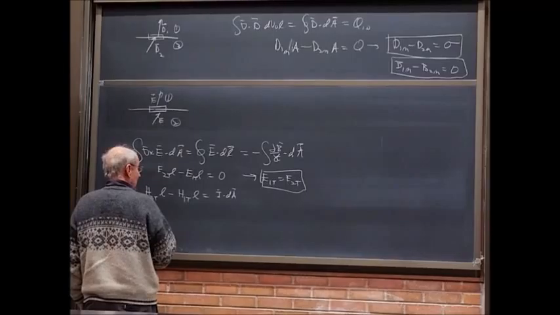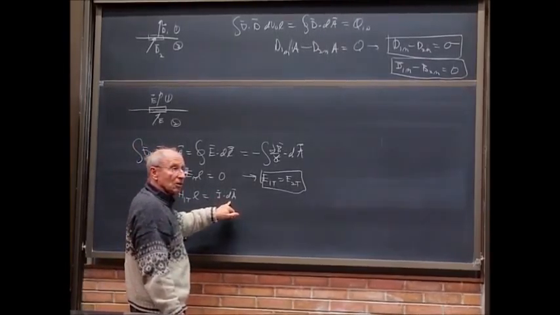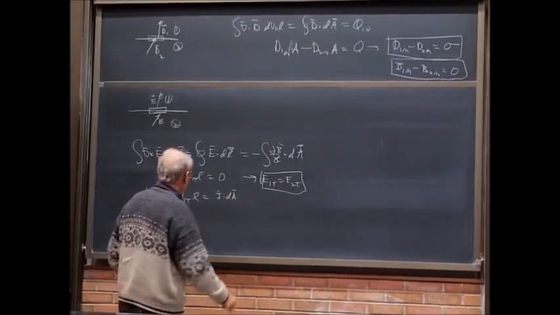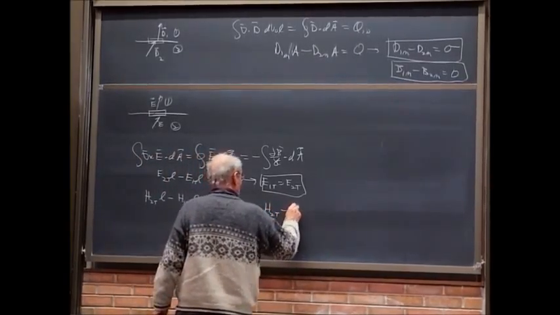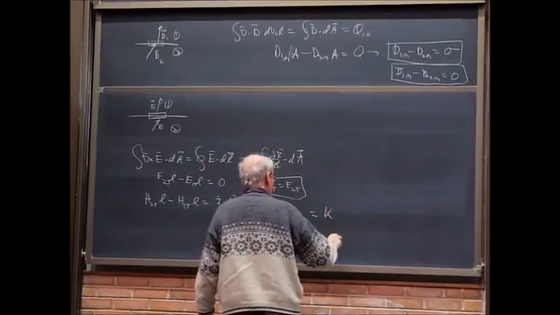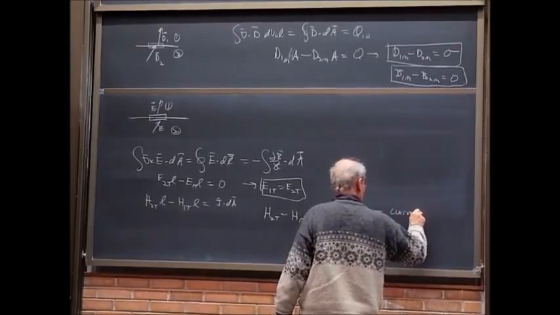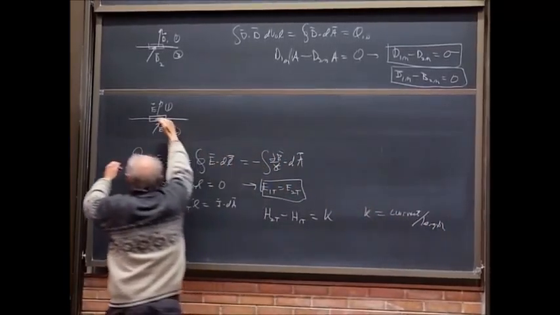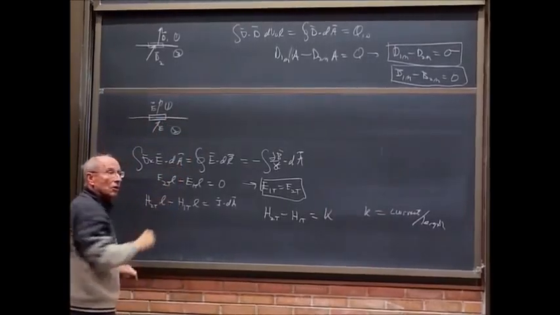Divide this by L, and this was current per area. That makes it current. Divide by L makes it current per length along the wire. So H2 tangential minus H1 tangential is equal to K, where K is current per length. In other words, on this sheet, you got current coming out like this. It's the number of amps per meter along the sheet.